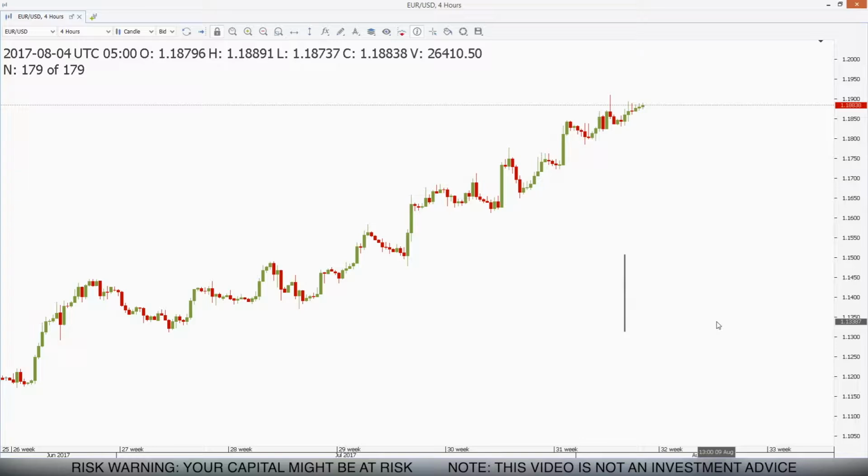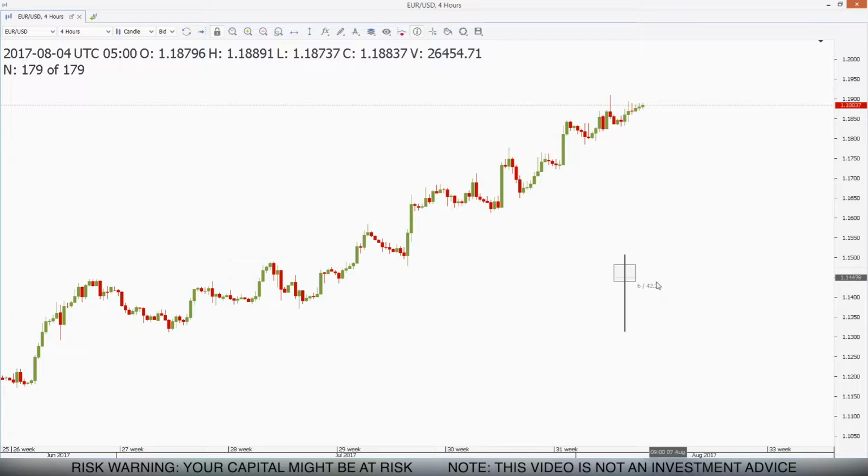You have a very long shadow, and then you have a body in the candlestick, something like this. Now the body of this candle can be either green, namely bullish, or red, namely bearish, but for the overall hammer this has no significance.